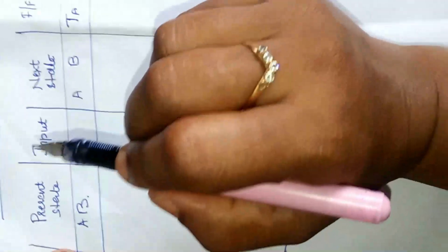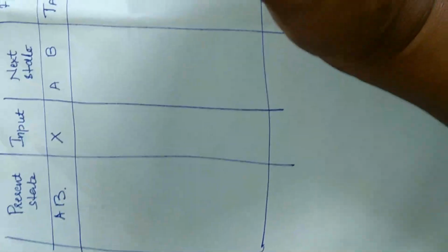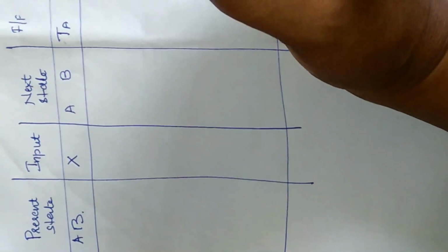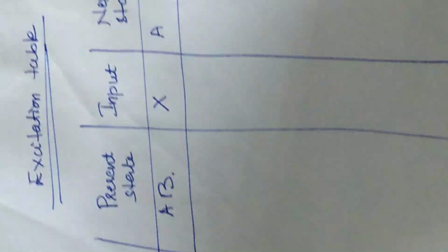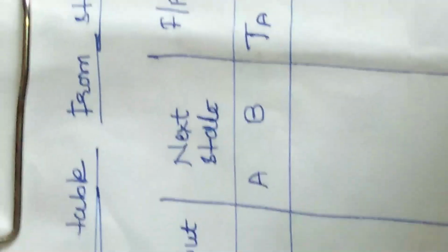And see here, if you would have noted, in case of the state diagram or state table, we had 4 states, right? And the 4 states were derived using the 2 inputs, for the condition when x is equal to 0 and for the condition when x is equal to 1, correct? So here if you analyze in that way, you have 8 combinations, right? 4 for input x equal to 0 and 4 for input x equal to 1, correct?